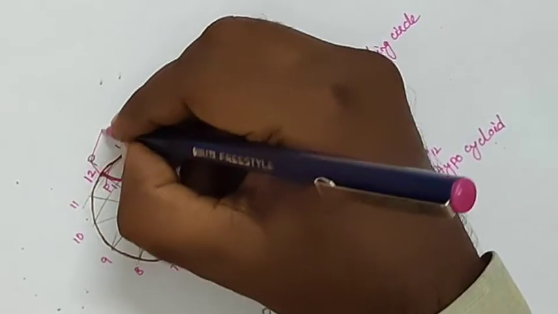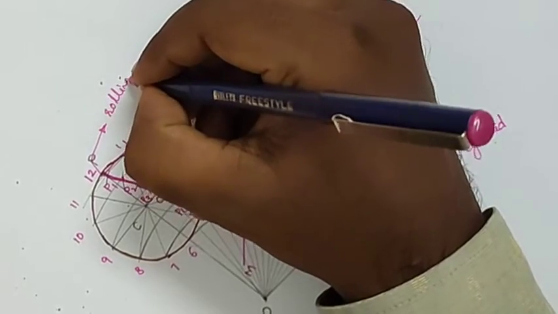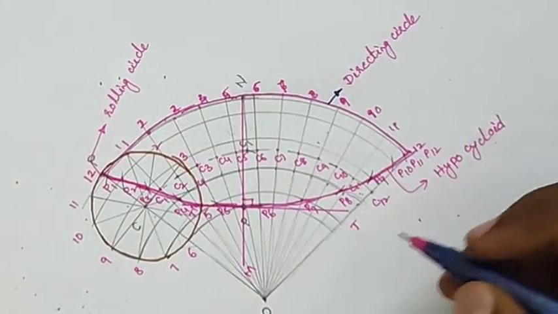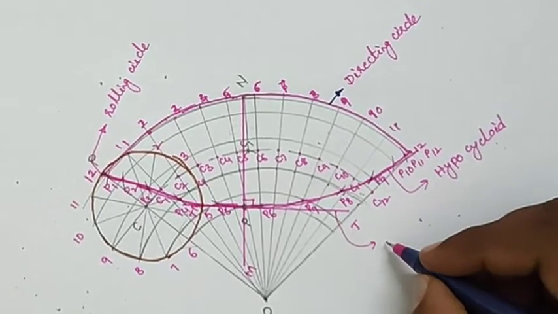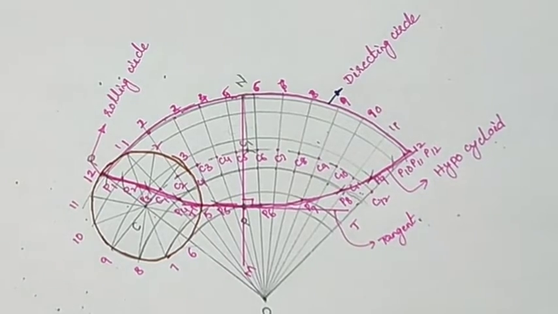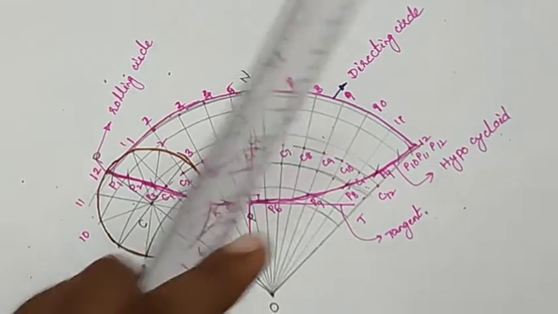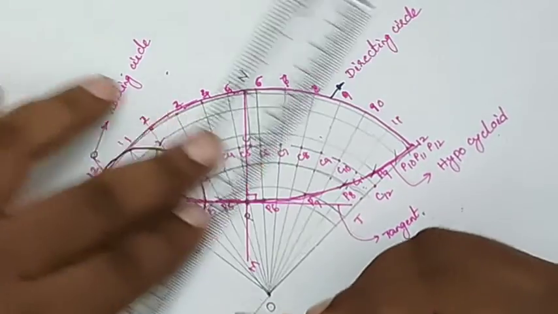And this circle we can call the rolling circle or generating circle, and this we can call the tangent. So these are the different parts in this hypocycloid. Now I will give the dimensioning for this problem. Draw the dimension.